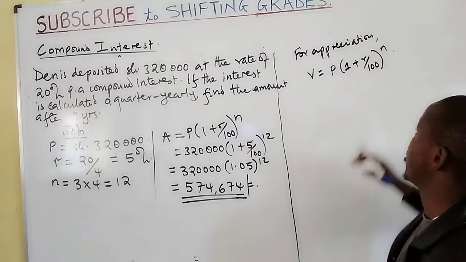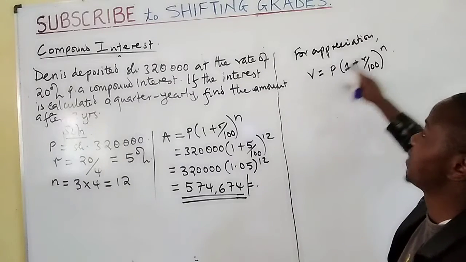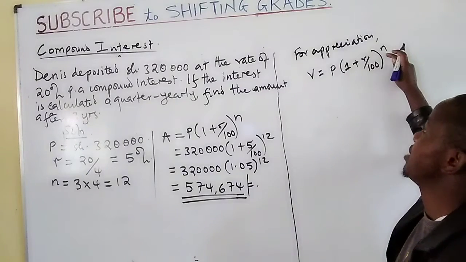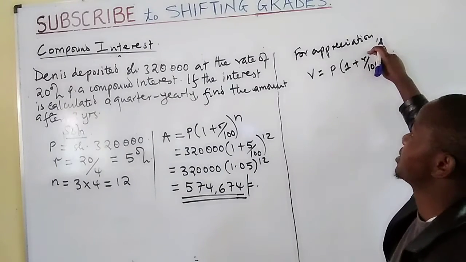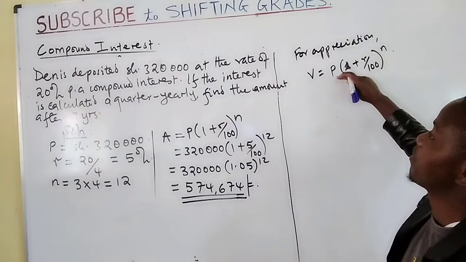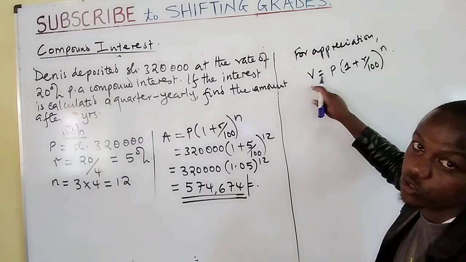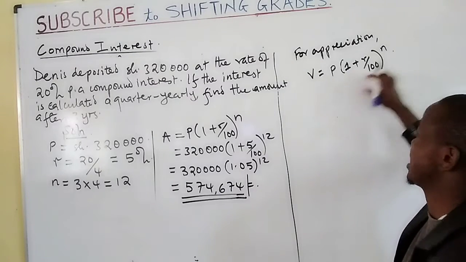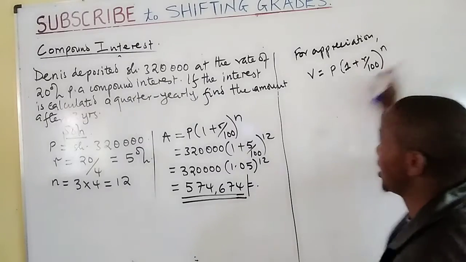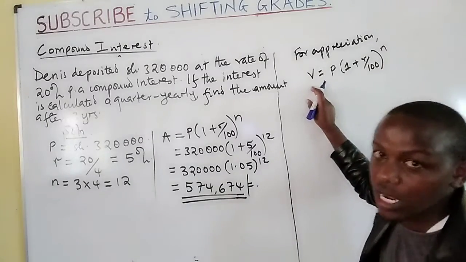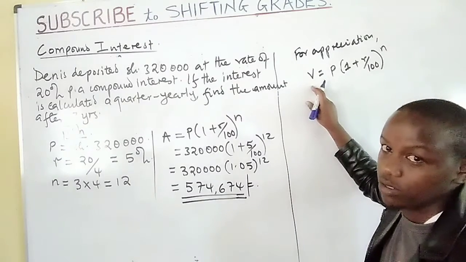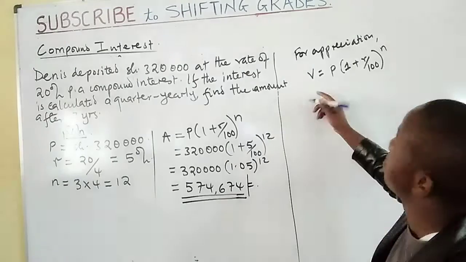Therefore, if the original was P, the new value V is equal to the original into 1 plus rate over 100, raised to n. It is just the compound interest formula, only that instead of amount, we are using value to mean the new value.